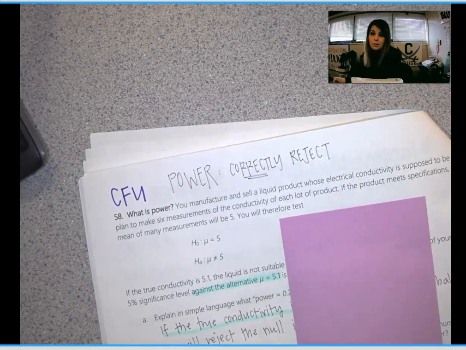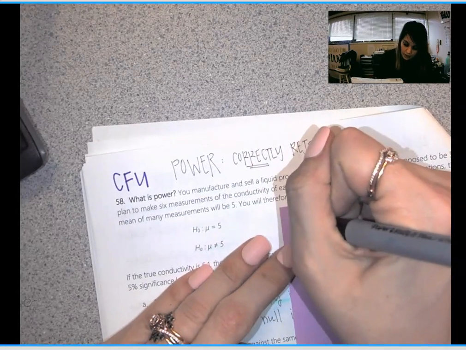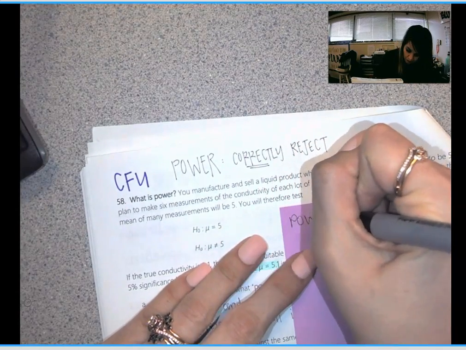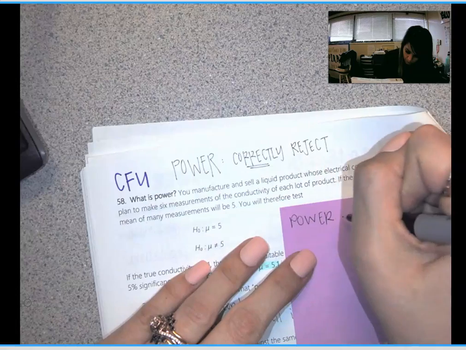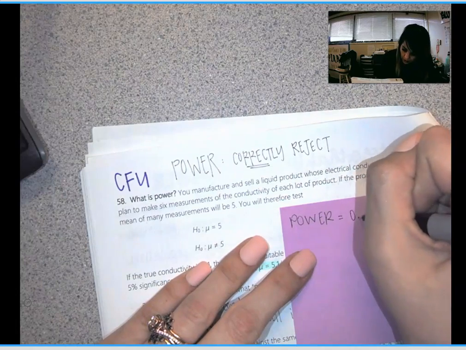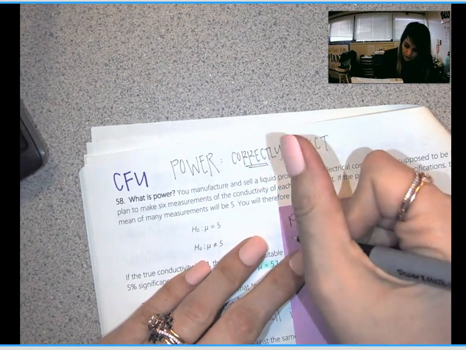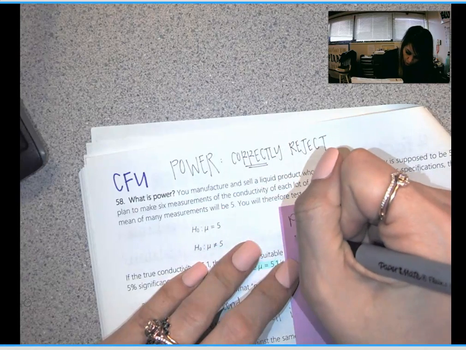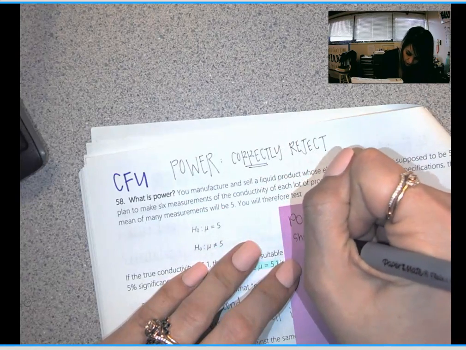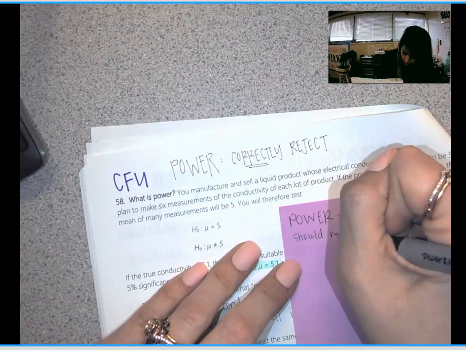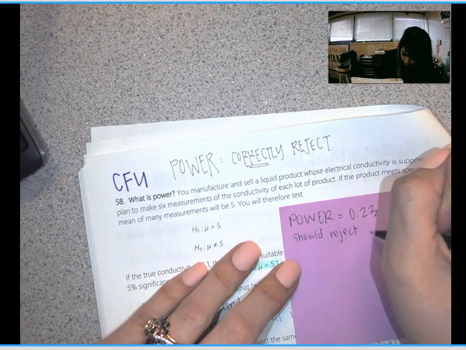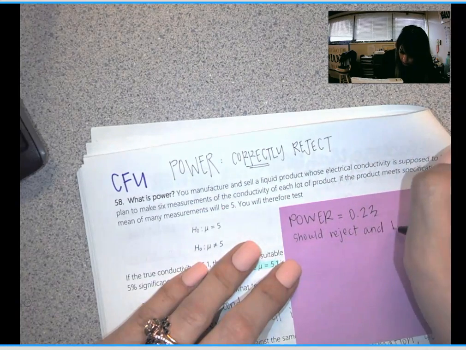It is taking me 10 years. I apologize. Power in this problem is 23%. This is we should reject and do.